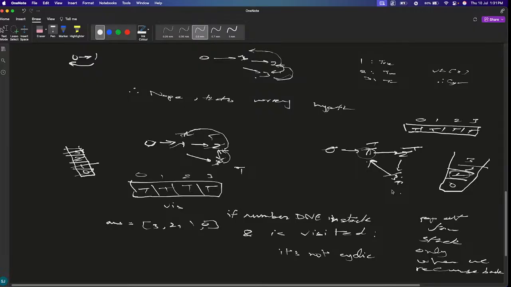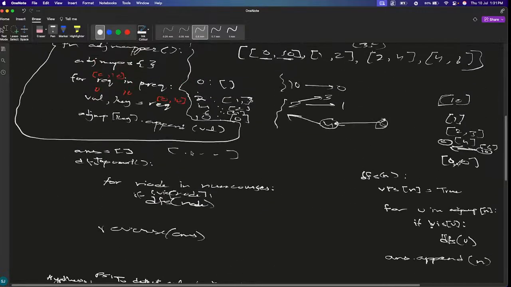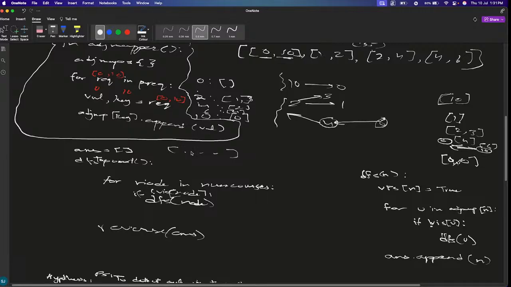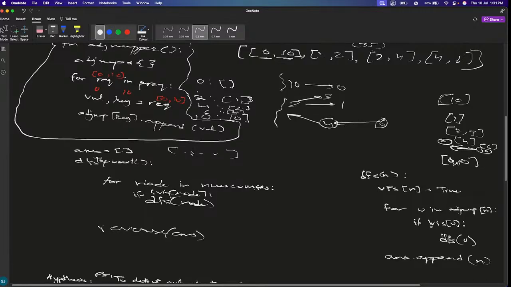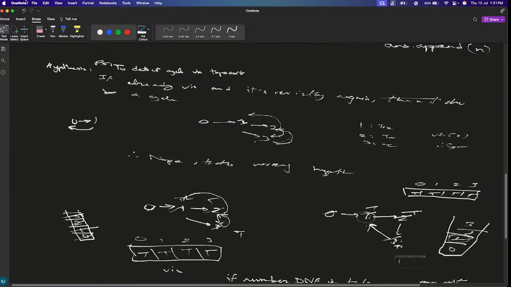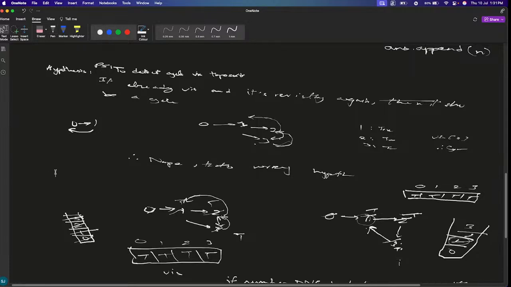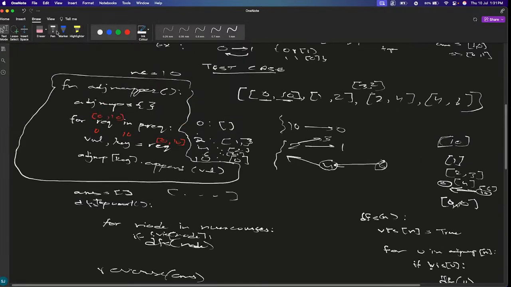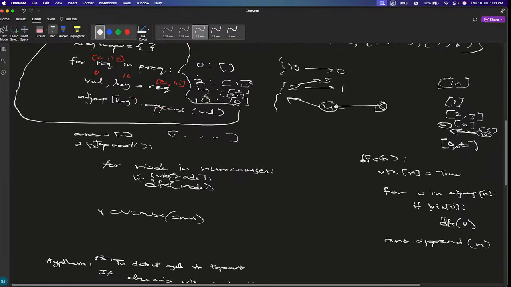Now the question is, how do we make it into code? Going back to this, you would realize that we should put up a stack over here for very good reasons.